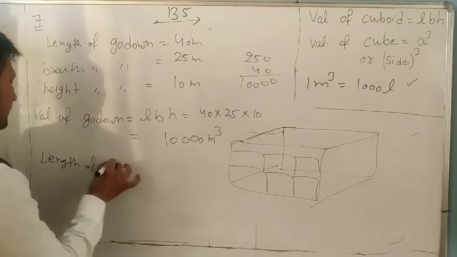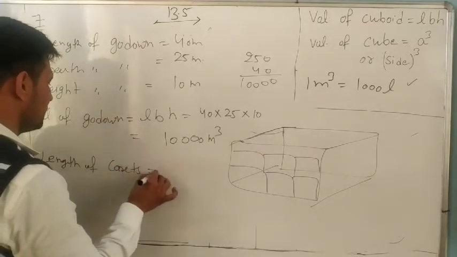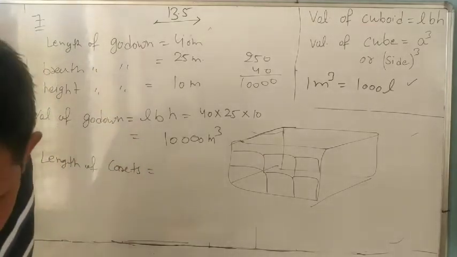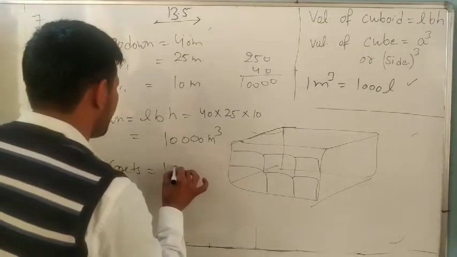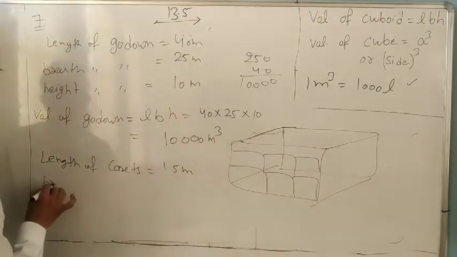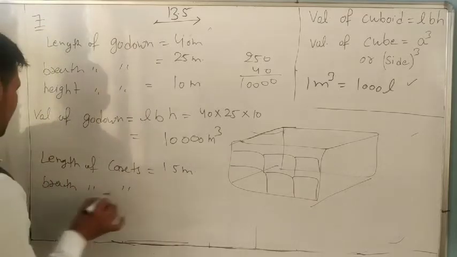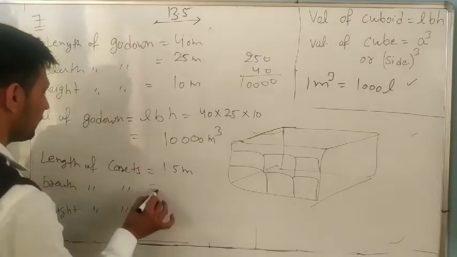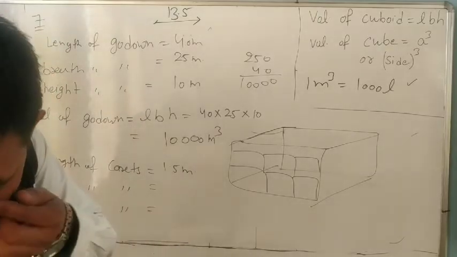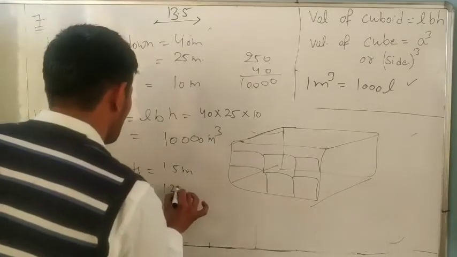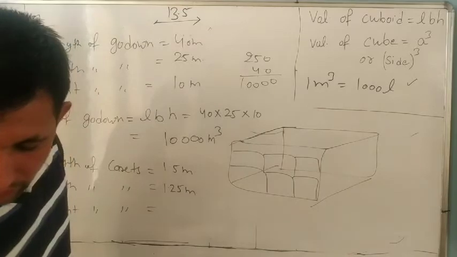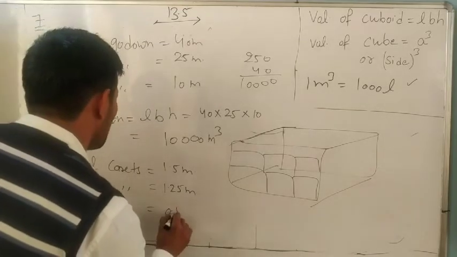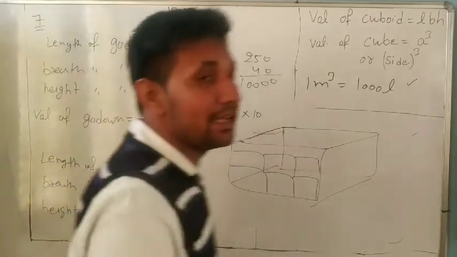Length of carat is 1.5 meter, height of carat is 1.25 meter, and breadth is 0.5 meter. So how many carats can we fit?